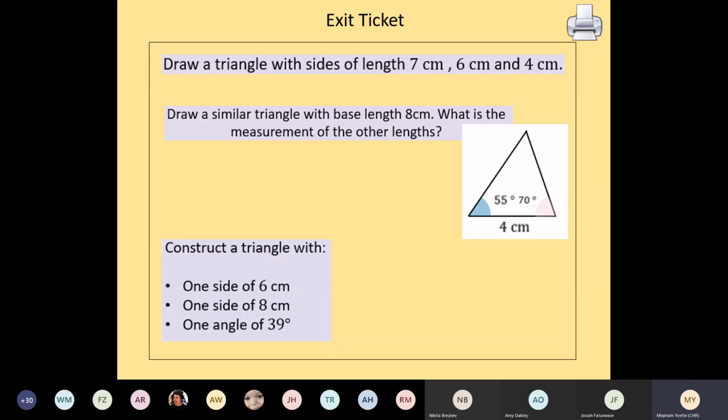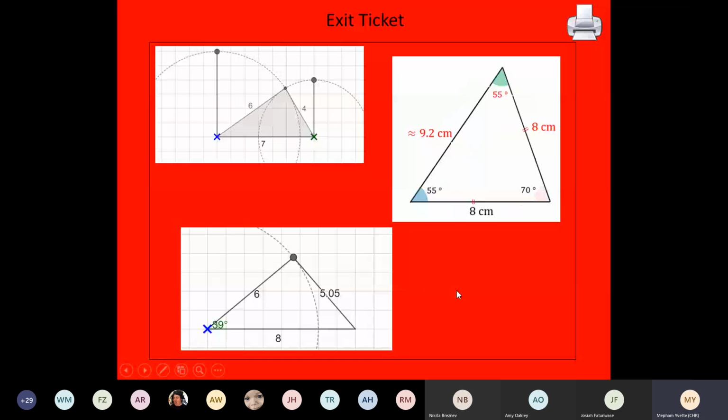briefly go through the answers and then recap what Hegarty homework you'll be doing this week, which is due next Wednesday before our lesson. Okay, fantastic. So just to quickly go through the exit ticket, you should have something like this.